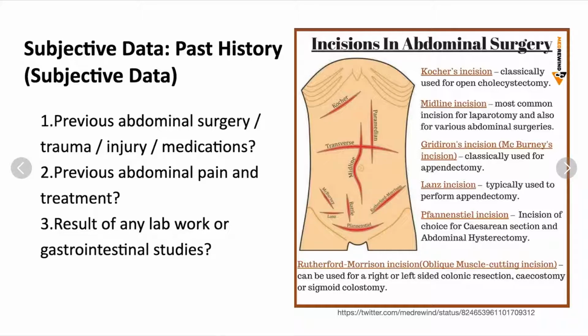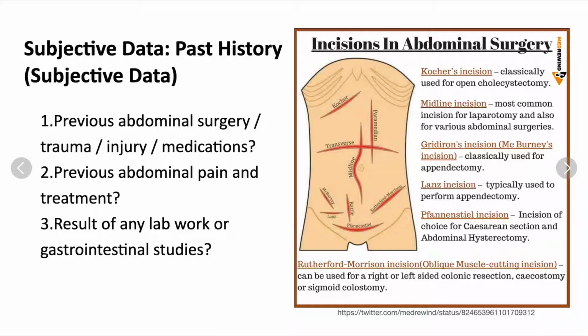For example, is he or she using liniment for abdominal pain? Does it relieve? Is it effective? You could ask it like that. Any results for laboratory work? You could ask for results for EGD, esophagogastroduodenoscopy visualization, or colonoscopy, which is the visualization of the colon.